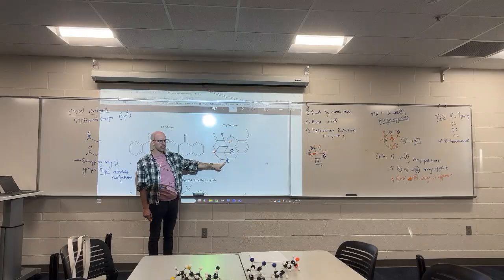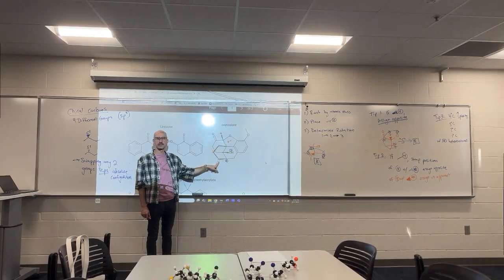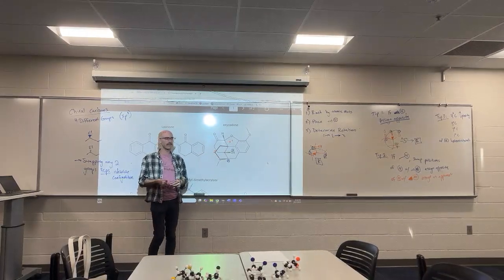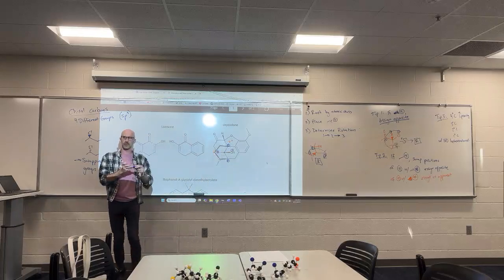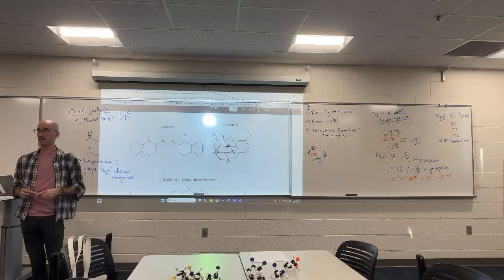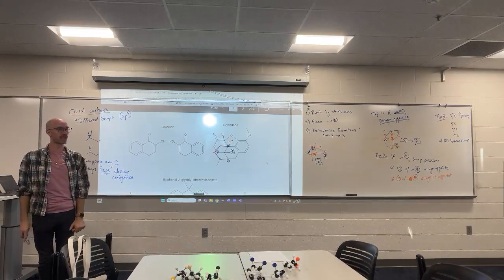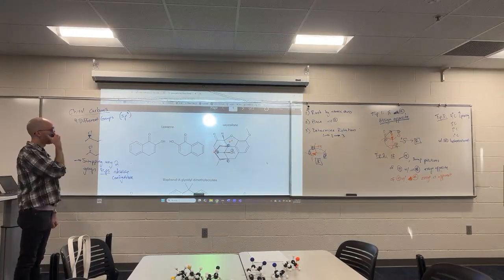Why did the quaternary carbon not beat this secondary carbon? Because there's a heteroatom. Nitrogen wins out. These don't have heteroatoms to fight. So here's priority number 3. Here's priority number 4. Are you surprised that the lowest priority is not a hydrogen group? It's the first one that we're looking at that doesn't have a hydrogen as the lowest priority. It happens sometimes, it's rare.